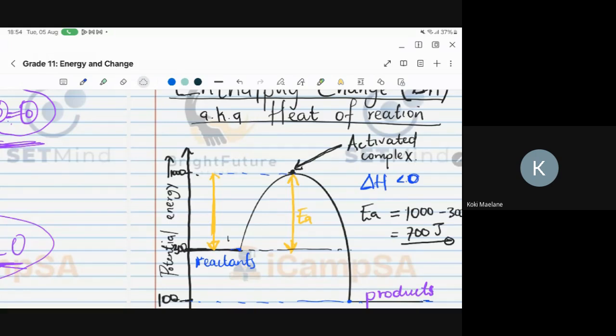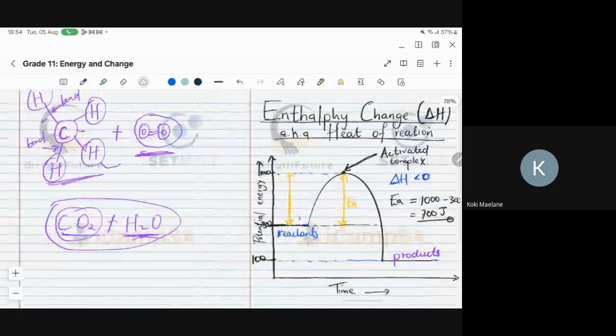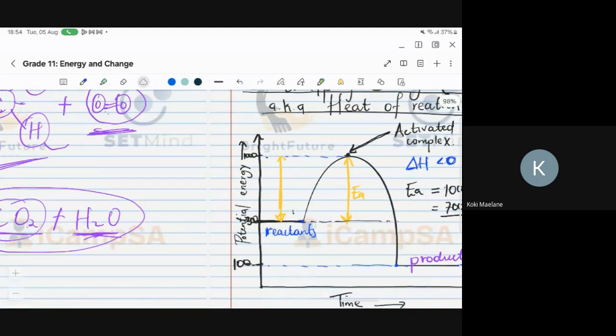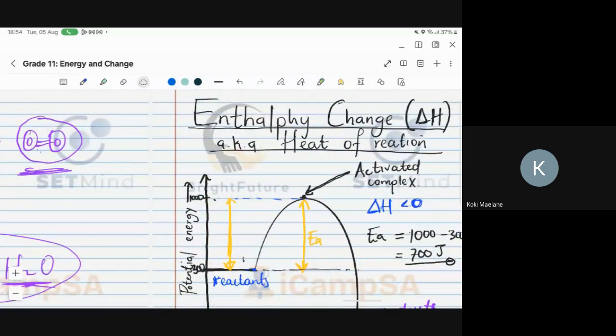As soon as we gather up enough energy to climb this hill, we go up to the top there. Now, at the top, we have reached our destination, and we are starting to witness the beauty of the hill, the view and so on. So that point is your activated complex. That's where the bonds are breaking up to form new products.